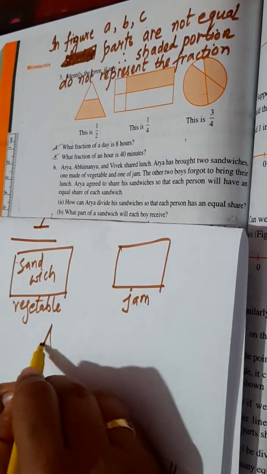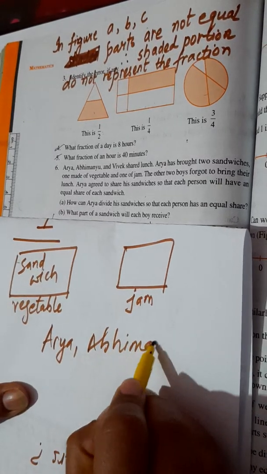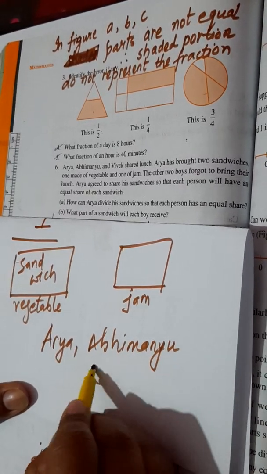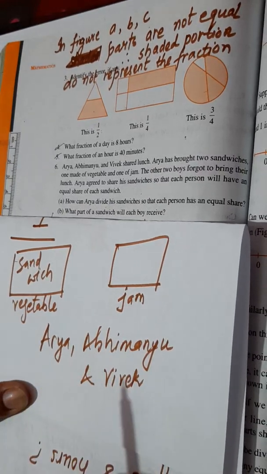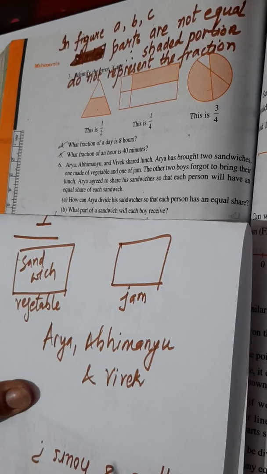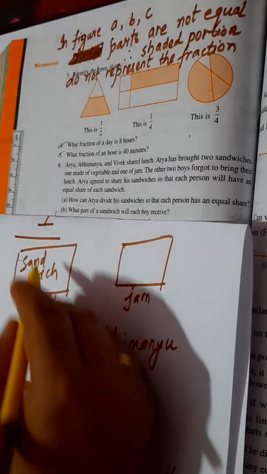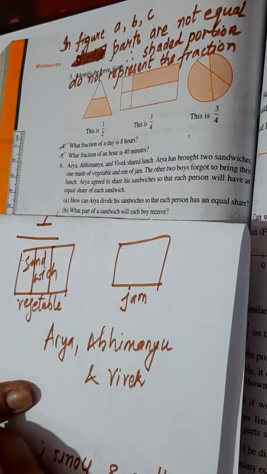As we know that friends are Arya, Abhimanyu and Vivek. And Arya wants to share his sandwich so that each person will have equal share. For this, what will Arya do? He will divide each sandwich into 3 equal parts.